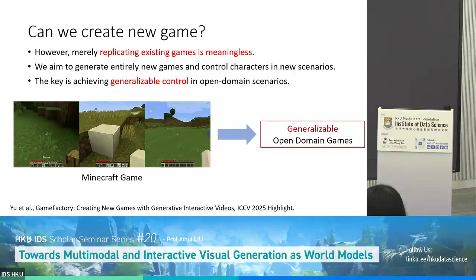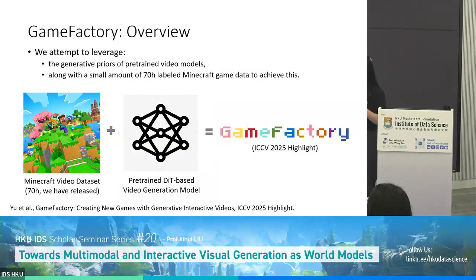So we aim to generate entirely new games and control the characters in the new scenes. And we found that the key to address this problem is achieving generalizable control in open-domain scenarios. So how to achieve this? In this work called Game Factory, we try to use the generative prior from a pre-trained video generation model, alongside a small-scale dataset collected from Minecraft videos, to achieve generalizable interactive videos.